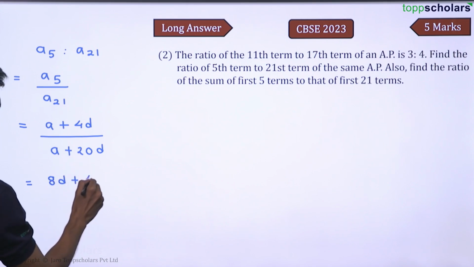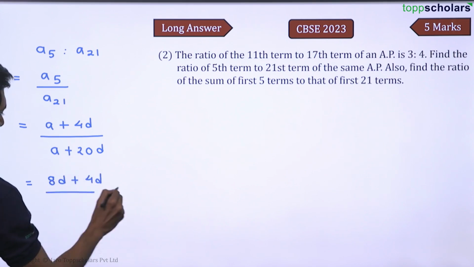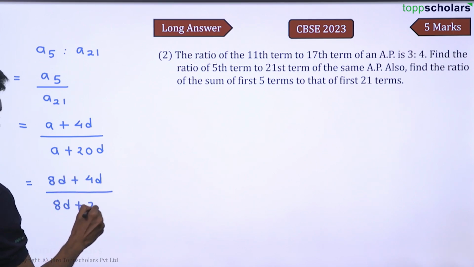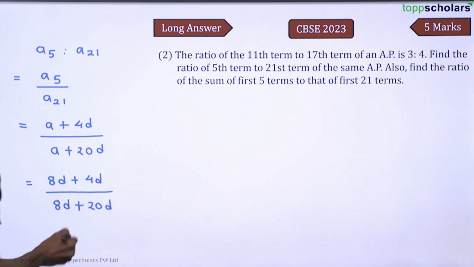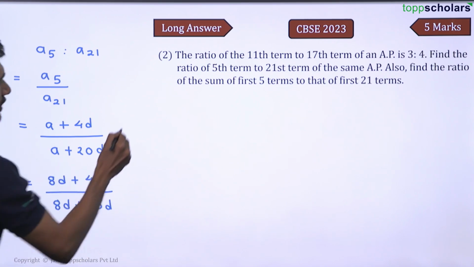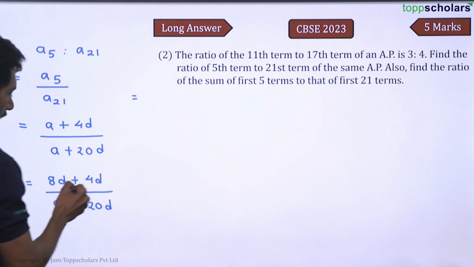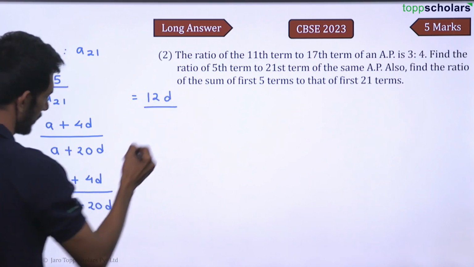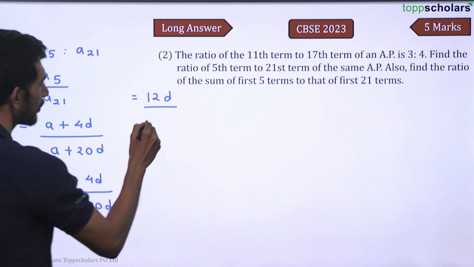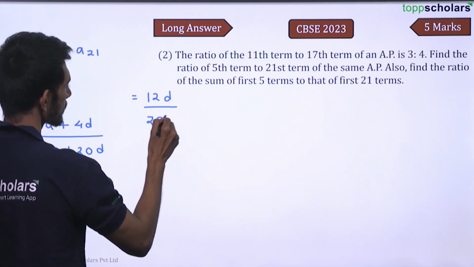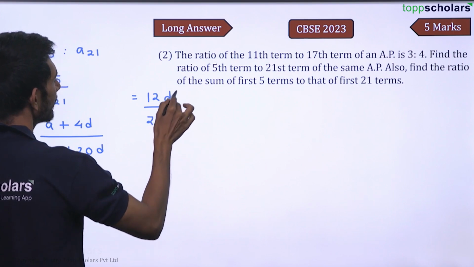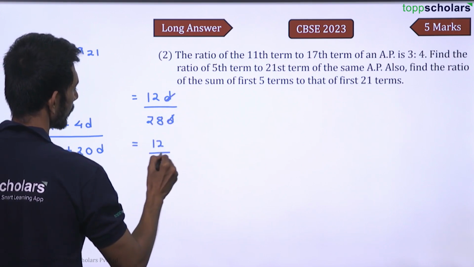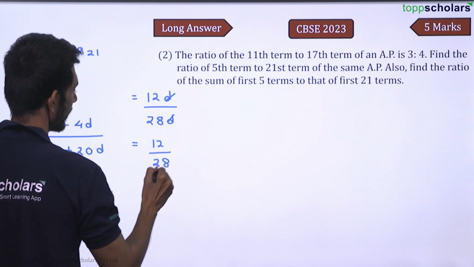So can I say this becomes 8d plus 4d by 8d plus 20d. 8d plus 4d is how much? 8d plus 4d is 12d. 8d plus 20d is how much? 28d. Can we cancel d? That gives you 12 by 28.